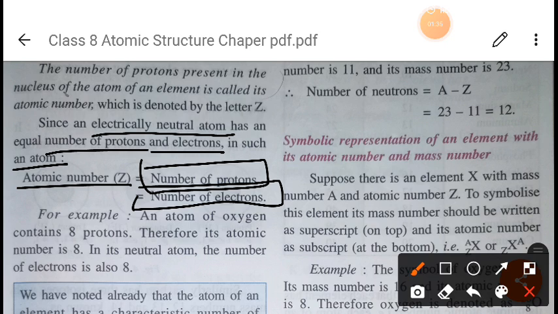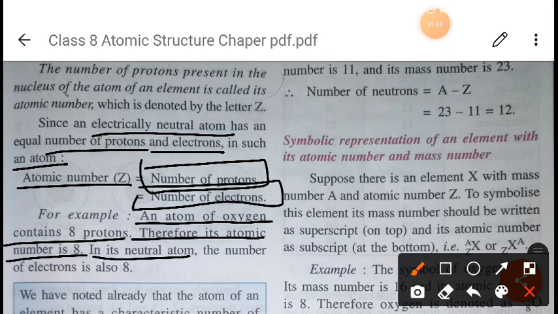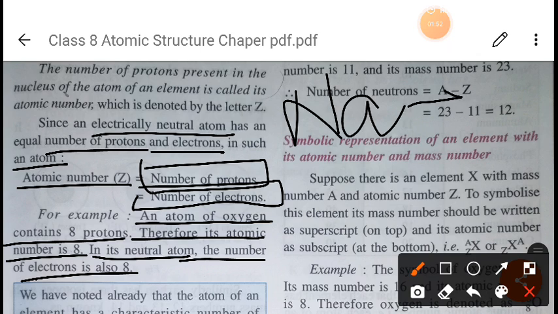For example, an atom of oxygen contains 8 protons, therefore the atomic number is 8. It is a neutral atom, so the number of electrons is also 8. There are so many examples. You can take sodium also. If it is a neutral sodium, then its atomic number is 11. Why is it 11?